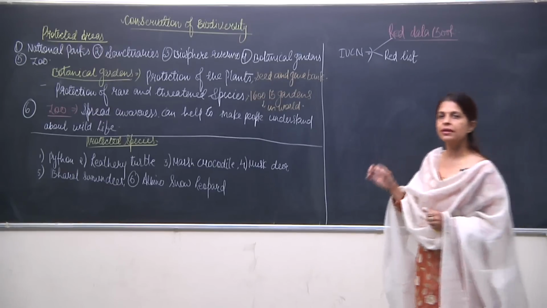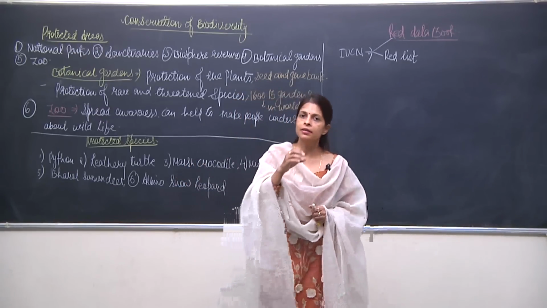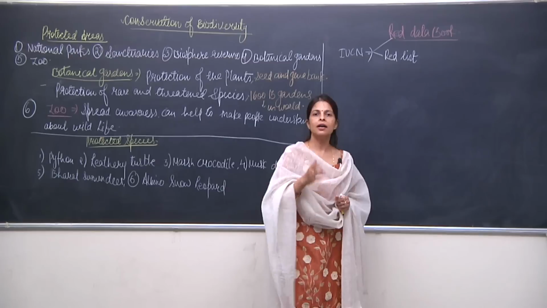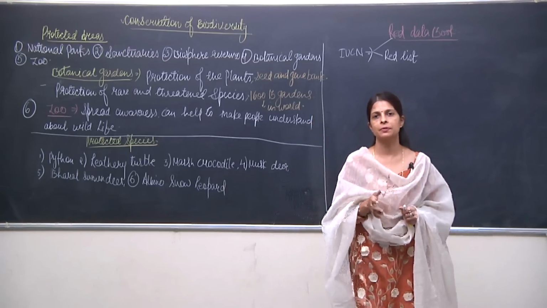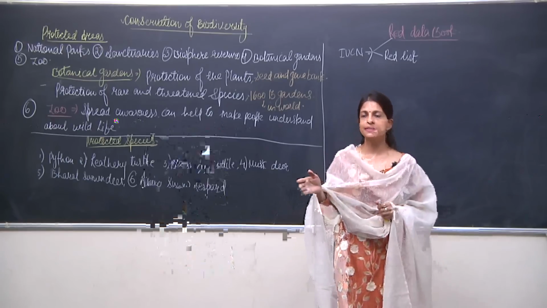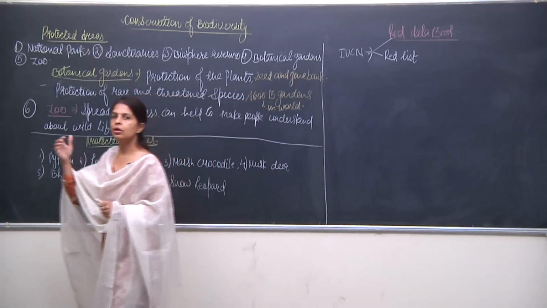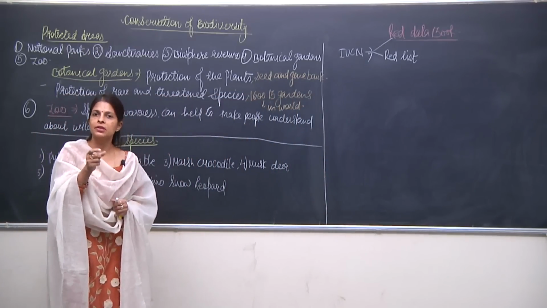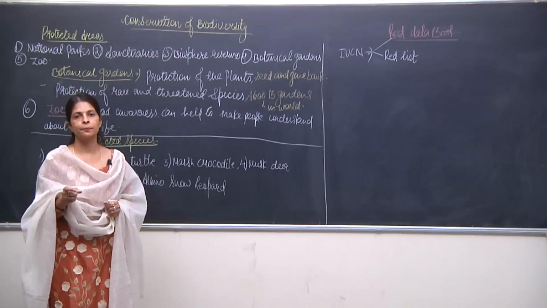Actually this gives detailed names. There is a list of the animals and plants which come under the category of threatened species, with great detailing; each and every species which comes under this category is included in this book.